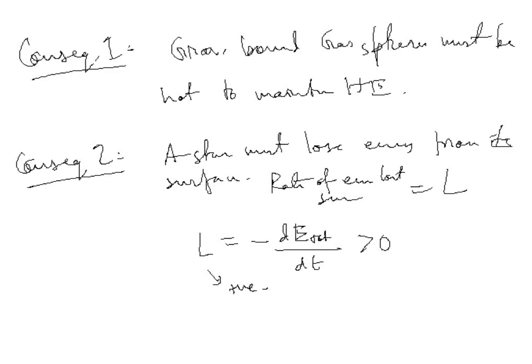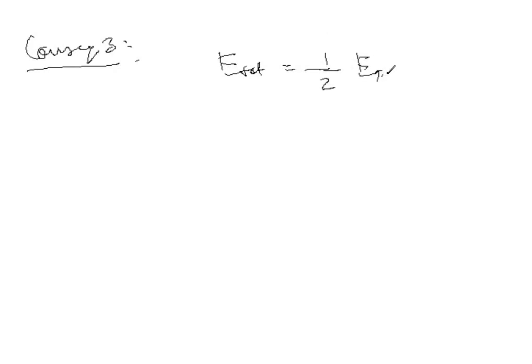Okay, now let me talk about the third important consequence. If I take the derivative of this relation, E total is equal to half of E gravitation, then as a consequence of losing energy I will get dE gravitation by dt is equal to minus 2L.